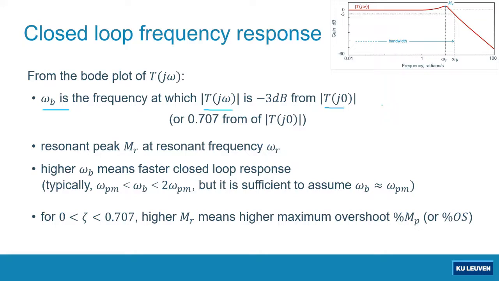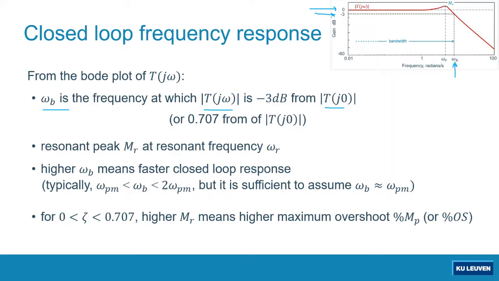Considering our transfer function of the second order system, where the DC gain is equal to 1, the magnitude of T at low frequency will be equal to 0 dB. Therefore, the magnitude at bandwidth frequency here will be equal to minus 3 dB.